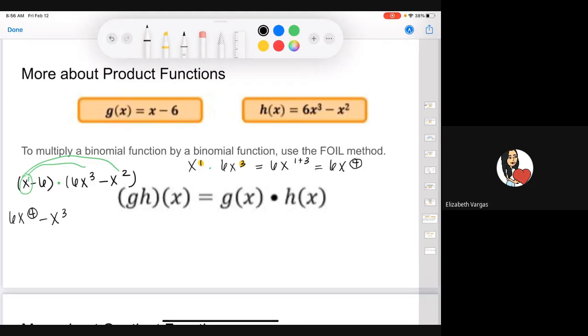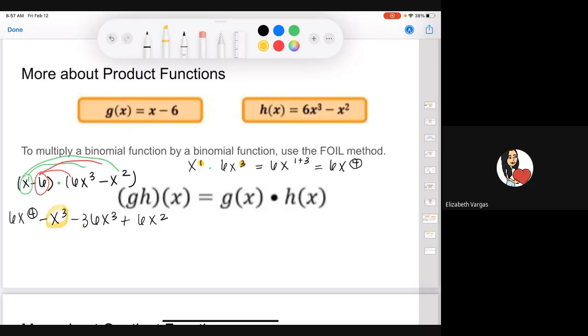Okay, same thing goes for every time we are multiplying exponents together. And then I'm going to simplify the next one. So that would give me this. Okay, and now what I want to do is simplify. Do I have any like terms? I do in fact have like terms.